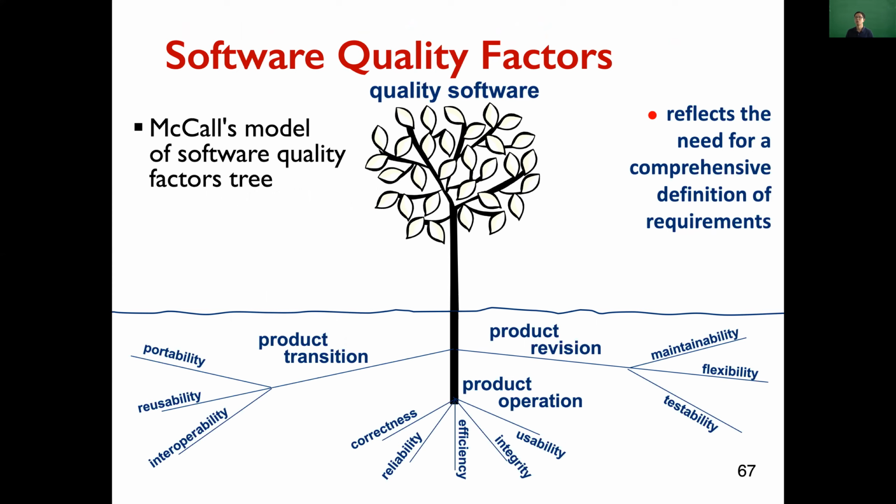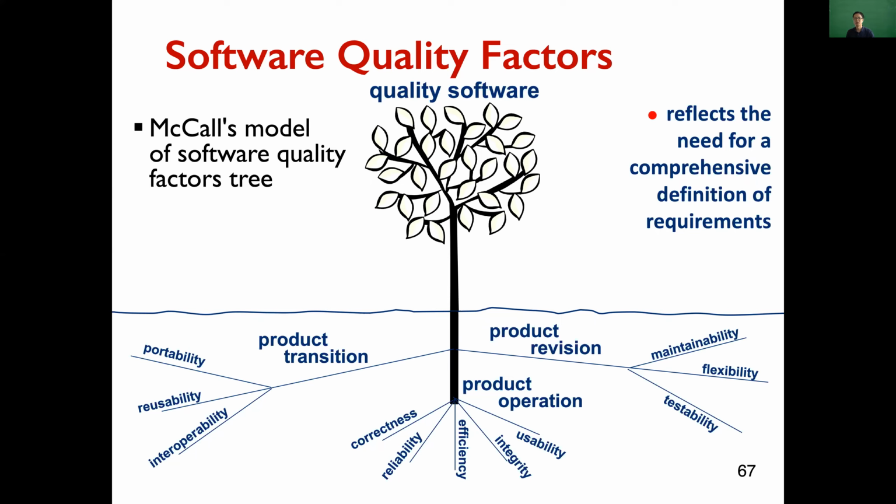He proposed software quality factors, which can be divided into 3 dimensions. The first dimension is product operation, which is about the extent to which the software fulfills its specifications, or its requirements.